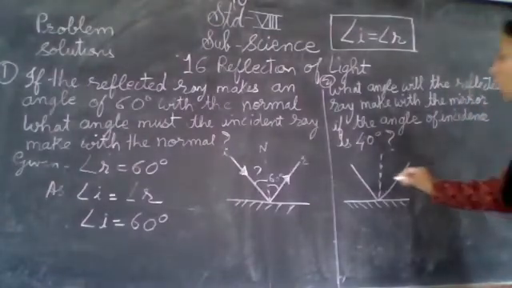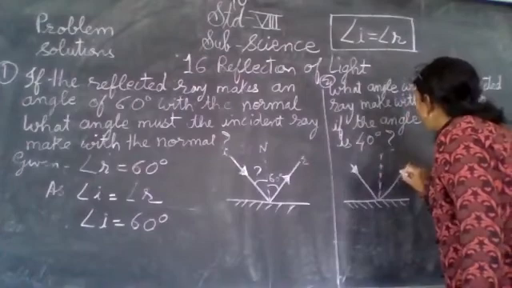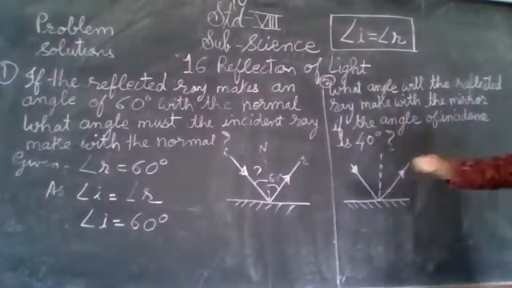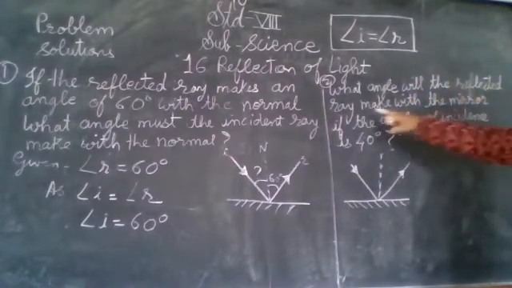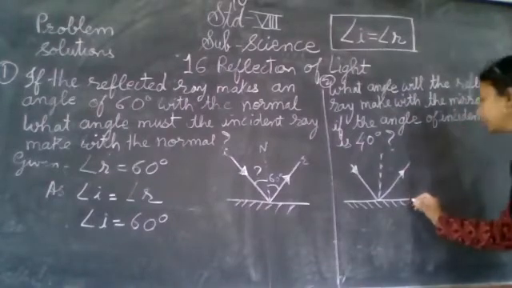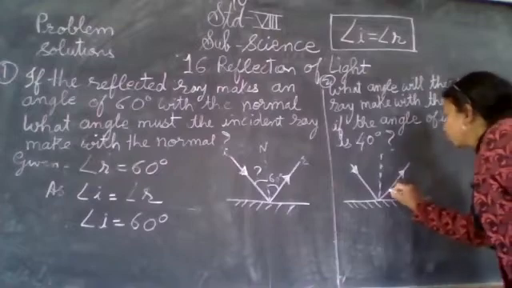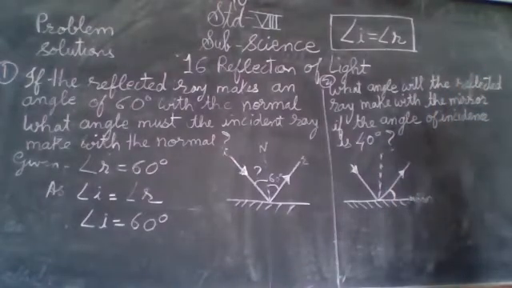These three things anyhow you have to draw and try to understand what is asked in the problem. So, what angle will the reflected ray make with the mirror? With the mirror. This is the mirror, isn't it? Therefore, we have to find out this angle, not the angle of reflection here.